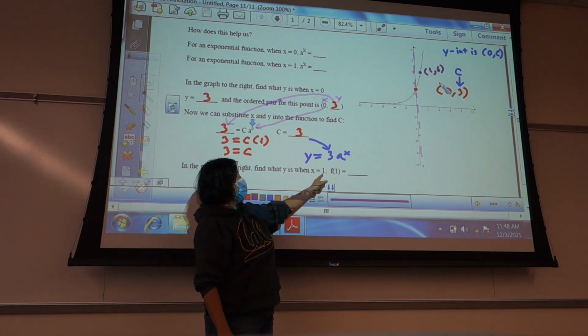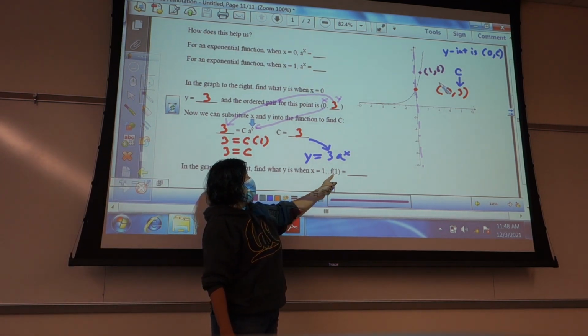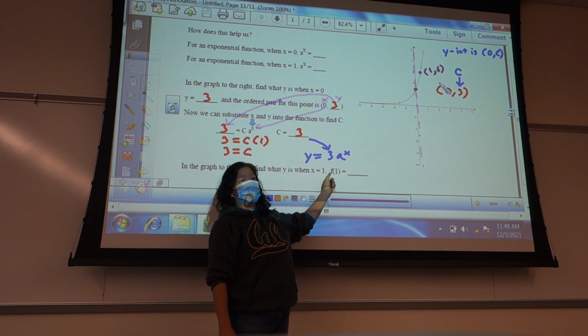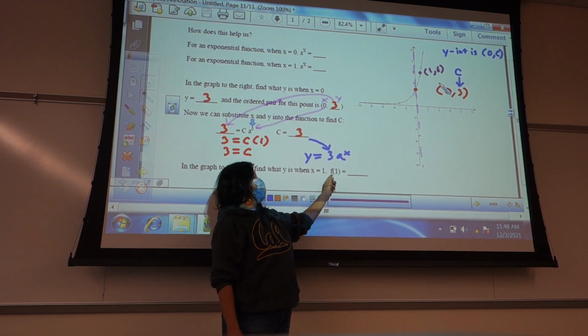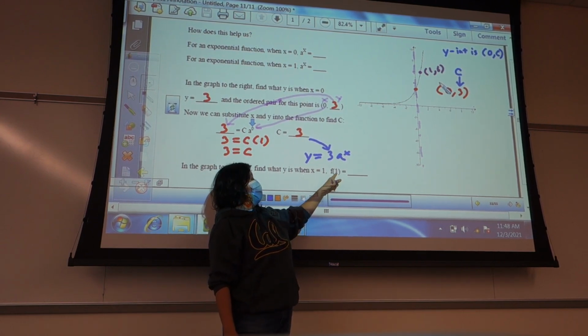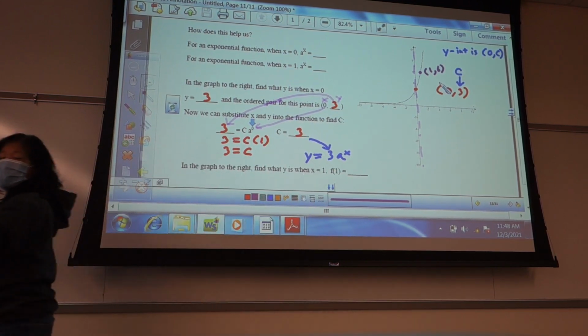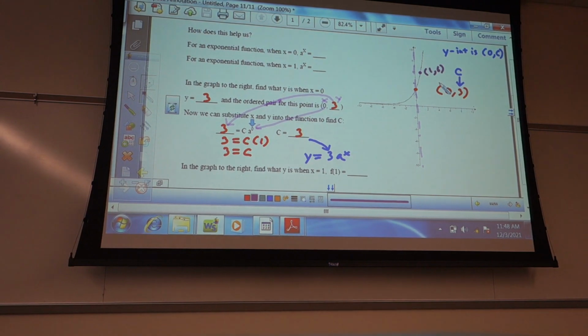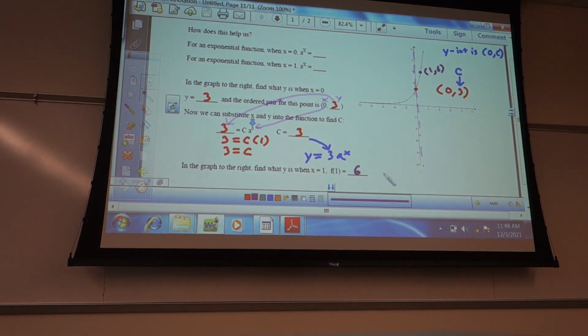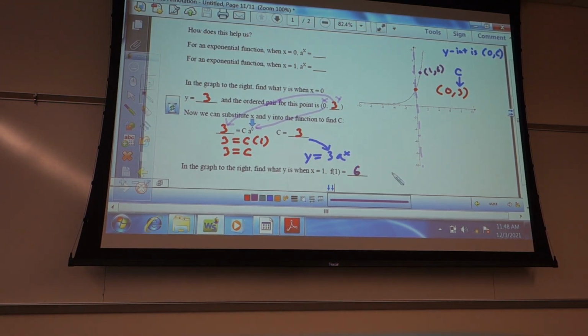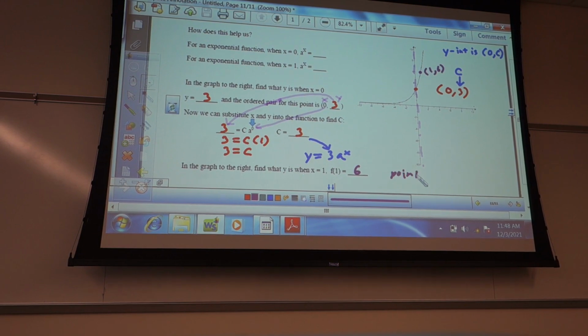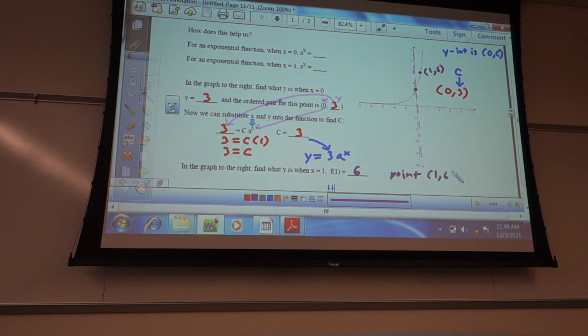So when x is 1, f of 1, is f of 1 my x or my y? It's my y. So when x is 1, y is what? 6. Right? Because we have the point 1, 6. Is it following okay for people?